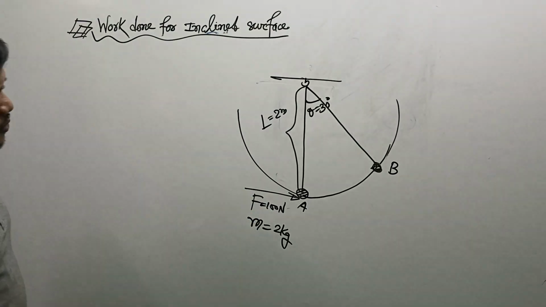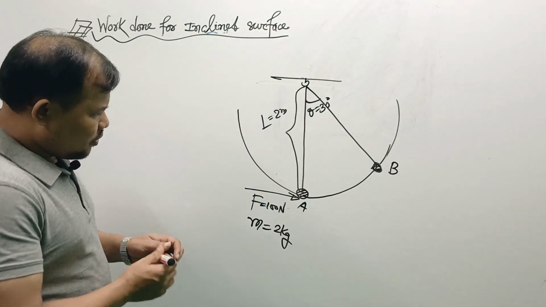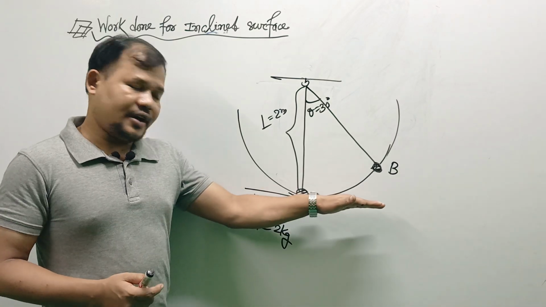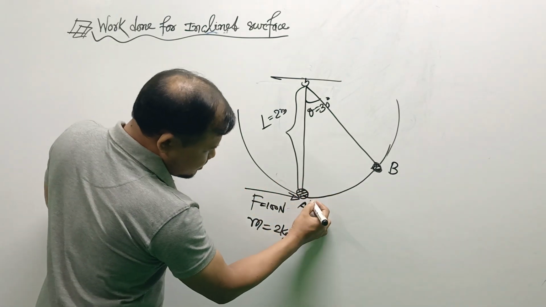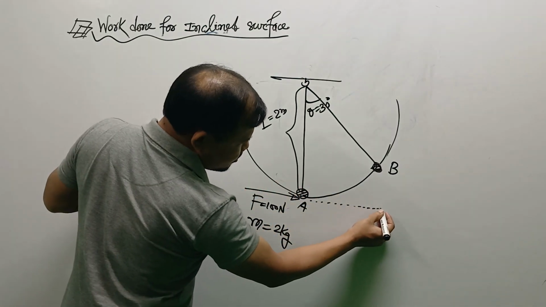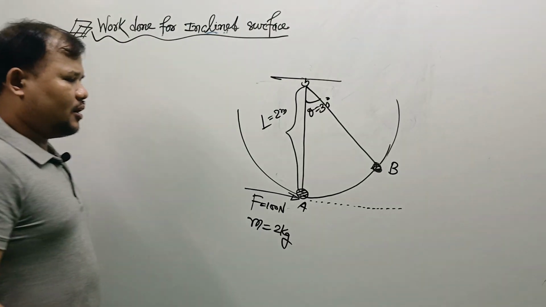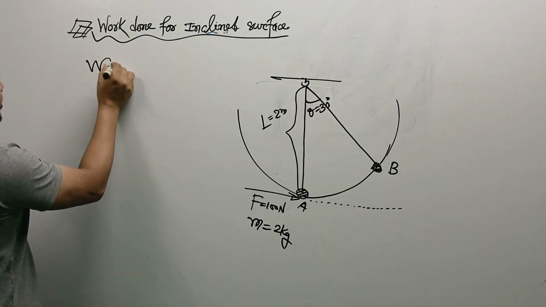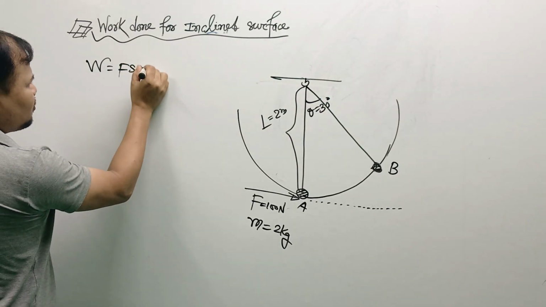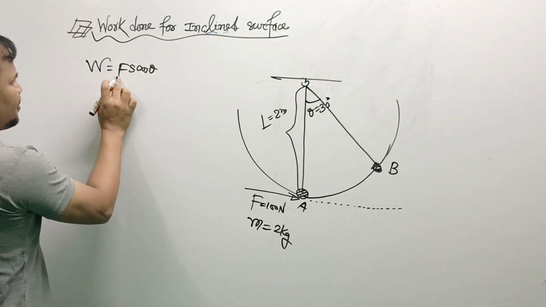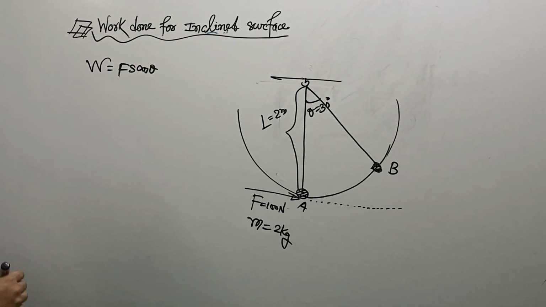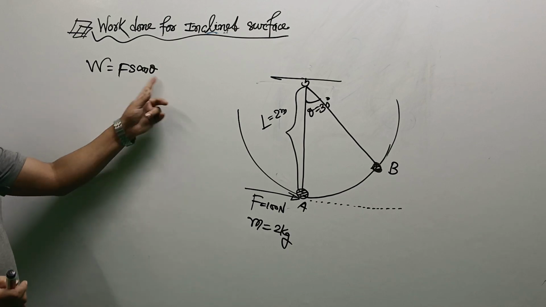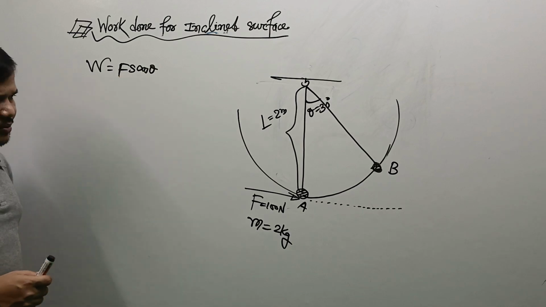As this is the direction of the force, before we find the work, we know the equation is F s cos theta. F means force, s means displacement, and theta means the angle between the applied force and the displacement.